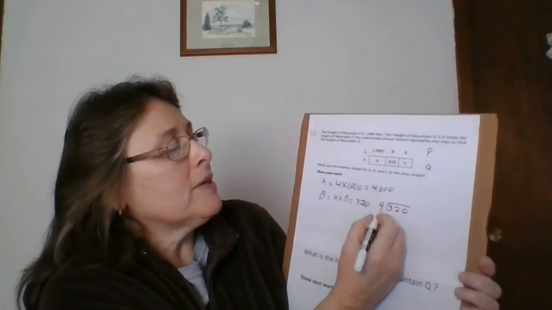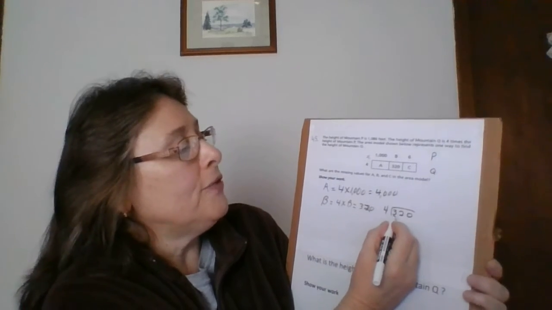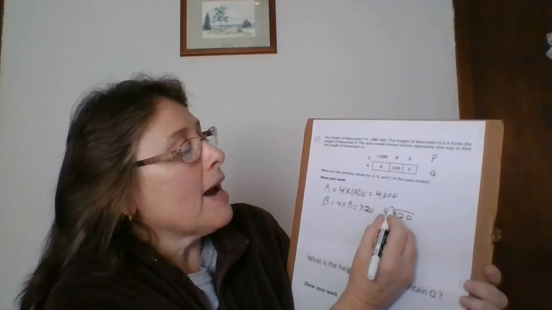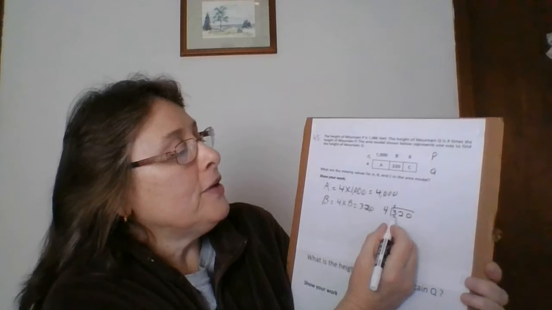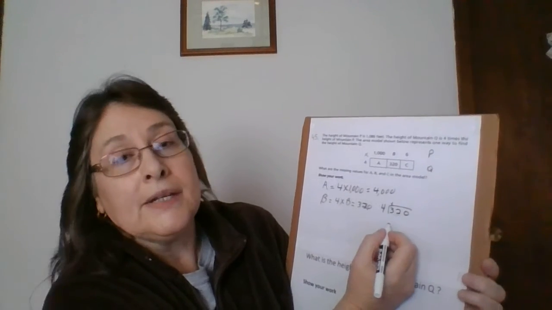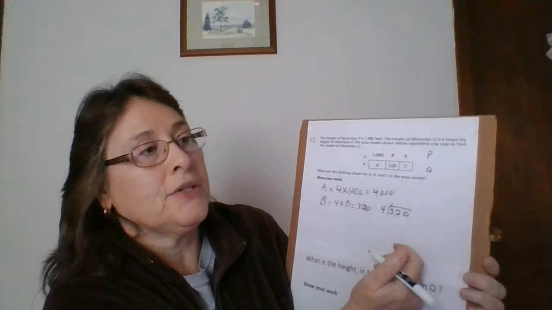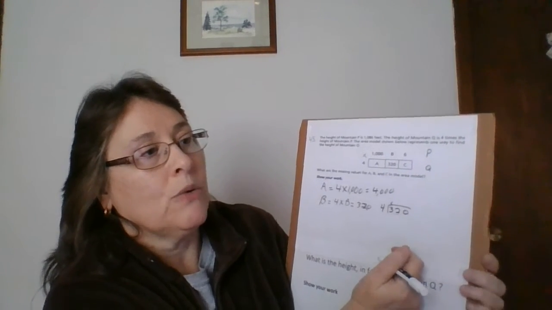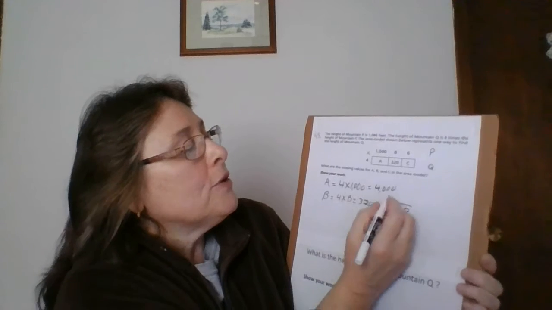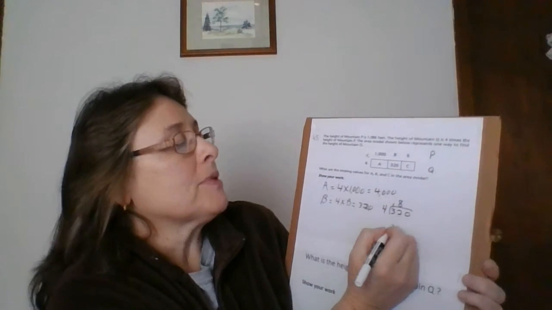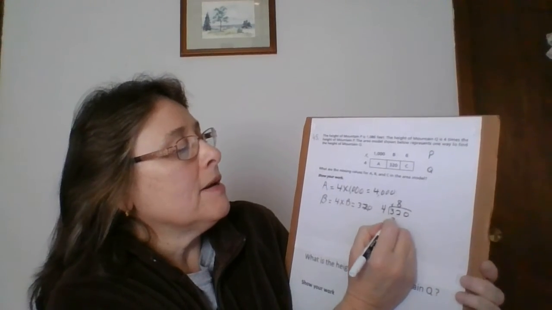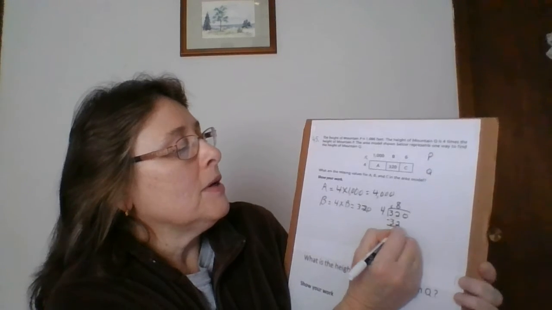So the first thing I'm going to decide is, does 4 fit into 3? It does not. Does 4 fit into 32? It does. 4, 8, 12, 16, 20, 24, 28, 32. It fits in 8 times. 4 times 8 is 32.